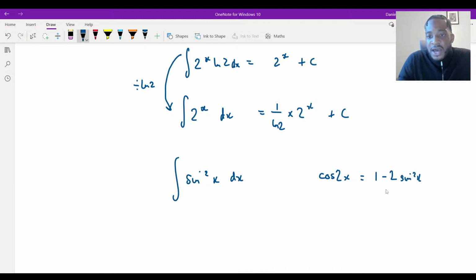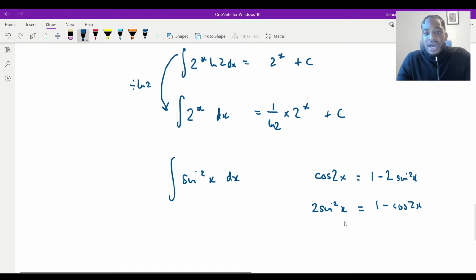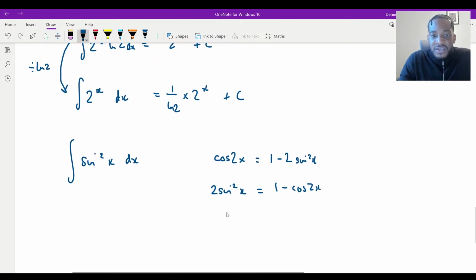That's one of the identities. Now, if I want to rearrange that, I'm going to have 2 sine squared x equal to 1 minus cos 2x. If I divide by 2, I get sine squared x is equal to 1 over 2 minus a half cos 2x.